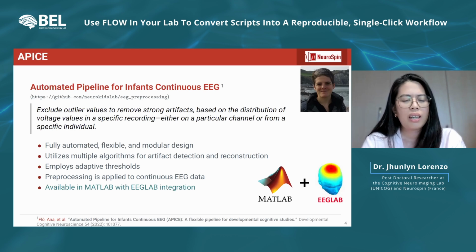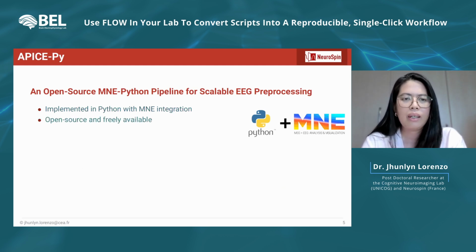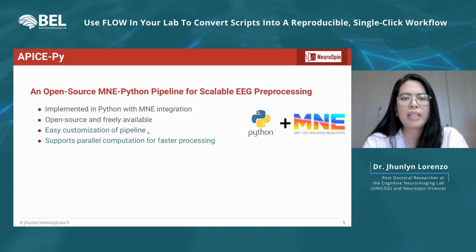Working on the original APICE framework, we are now introducing APICE-Py, which is a MNE Python pipeline, which is also open source and will soon be freely available on GitHub. It is also modular and can be customized for user-specific needs.